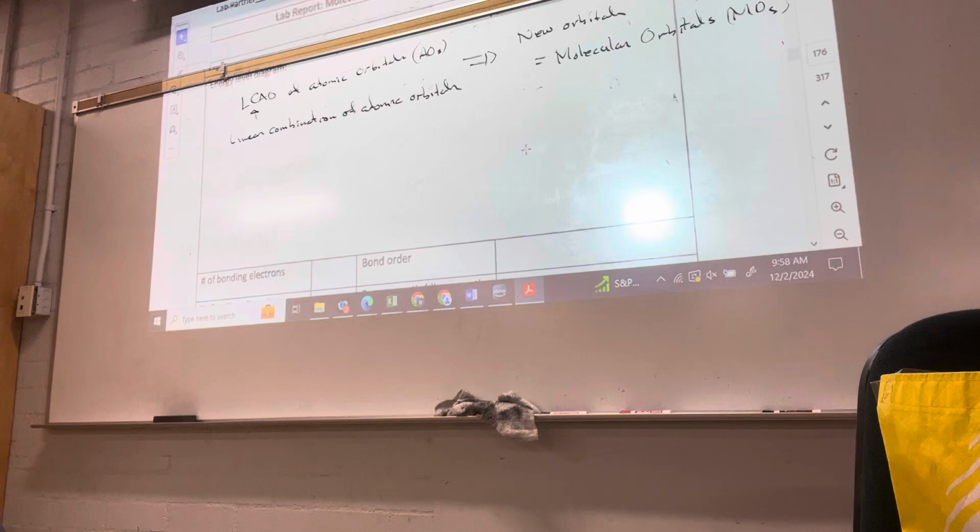And then another psi 1s. When we create the molecule, we're just overlapping those two, and in this overlap region we're going to have increased electron density. So this is psi 1s, this is psi 1s.